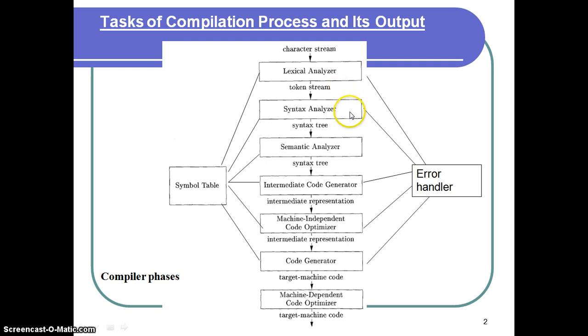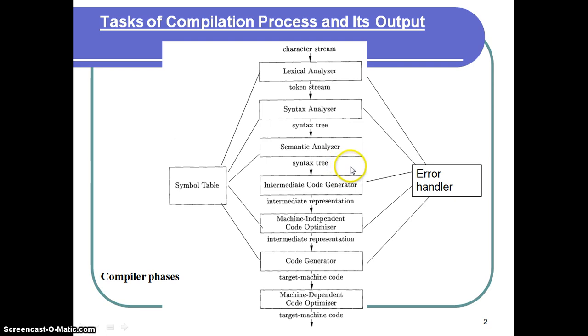The syntax analyzer, with the help of the token stream, will generate the syntax tree, which is further analyzed by the semantic analyzer, which will give certain meanings to that syntax tree.